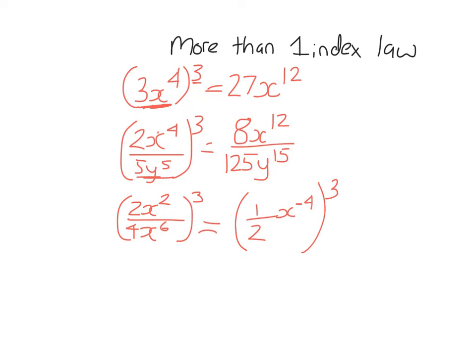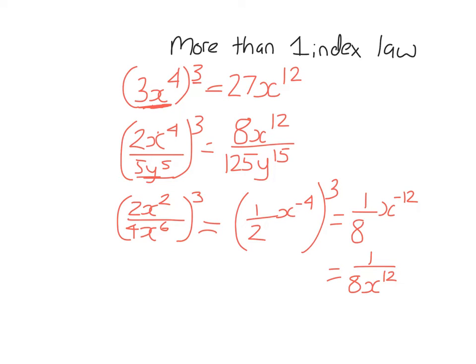That means I've got to raise everything in the brackets to that power. So what I would do, a half to the power of 3, x to the power of negative 4 to the power of 3, again, I just multiply the powers because it's the power to a power rule. Now, if I want to write this with a positive power, all I do is move the negative power to the bottom of the fraction and write it with a positive power.